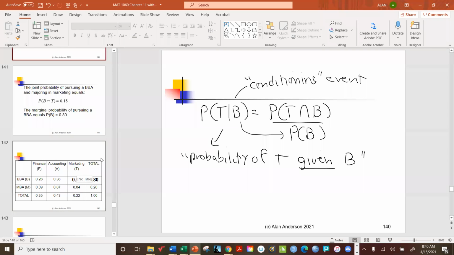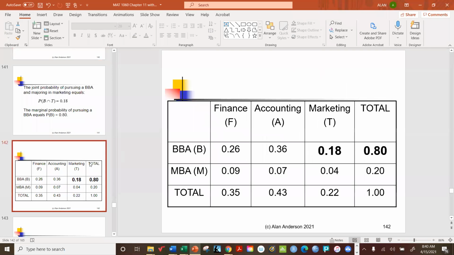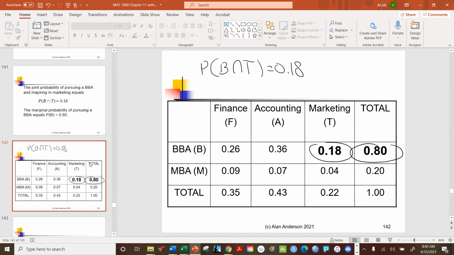All right, so how would we do this? So the probability of T and B is right here. And the probability of B is right here.